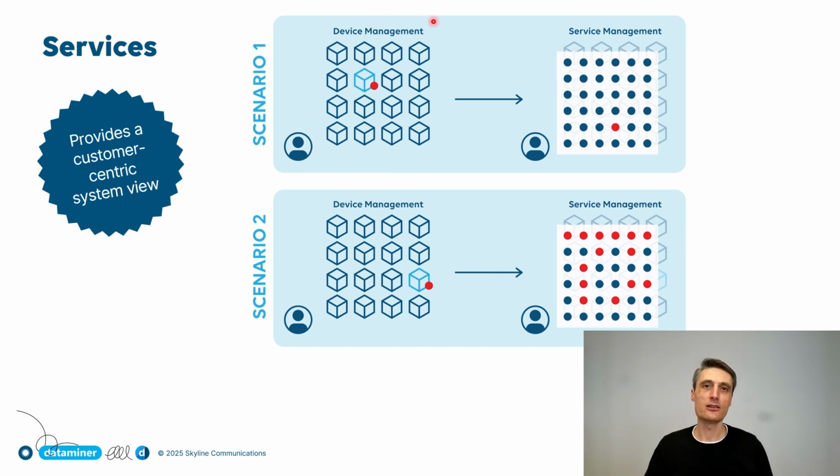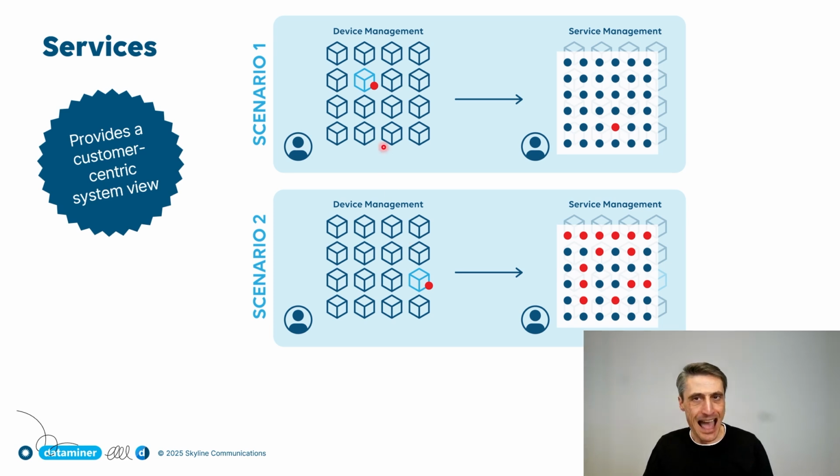Well, if we just take a look at the device or element layer, from a user perspective, I have one of my elements into alarm here, a critical alarm, just one of the many elements that I have. In the second scenario, it seems to be just exactly the same thing. I have one of my elements going into alarm. So it's difficult to make a priority here on which one I should focus on first.